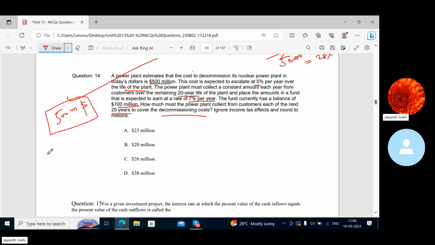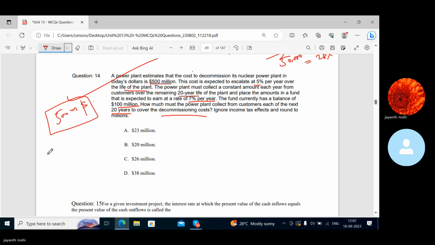And the power plant is going to collect a constant amount from customers over 20 years. The expenses are increasing, but the cash they are collecting is constant. And then they want to invest that amount in a fund, which is going to give them 7% per year. Fund balance is 100 million. How much should they collect from customers each of the next 20 years? They are asking you the payment, right?